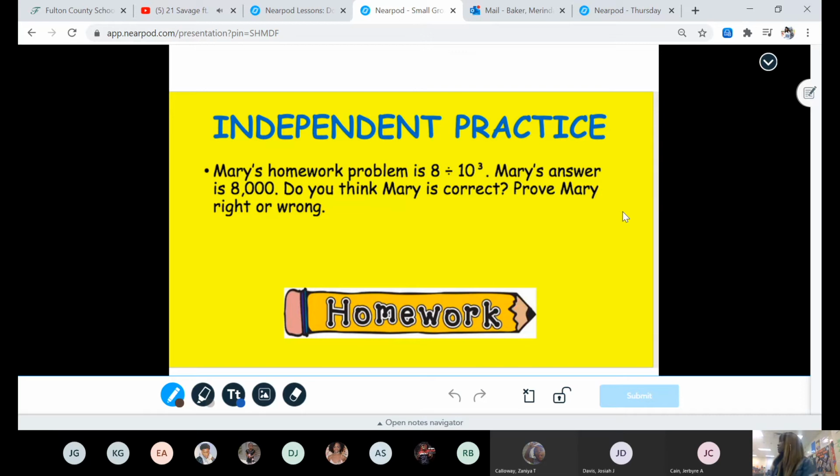So let's make a prediction first, y'all. And this is another error analysis because they want us to figure out, is she right or is she wrong? Think about, what do you know about multiplication and division? And look at Mary's answer, y'all. Put in the chat, do you think Mary is right or do you think she's wrong?